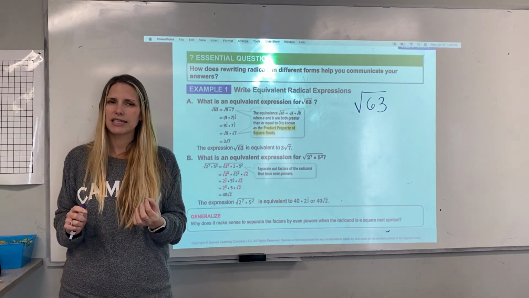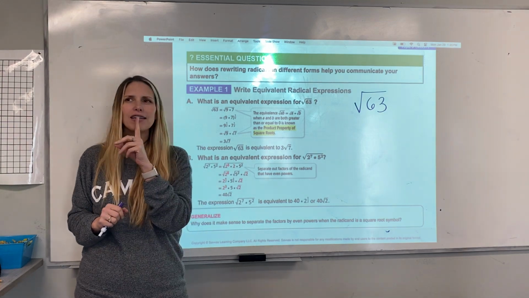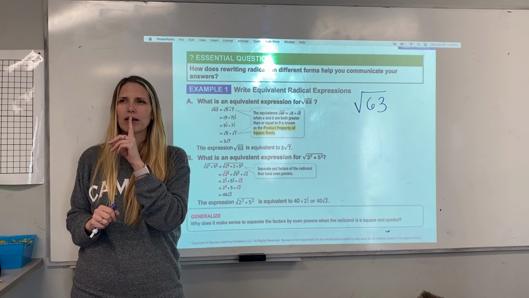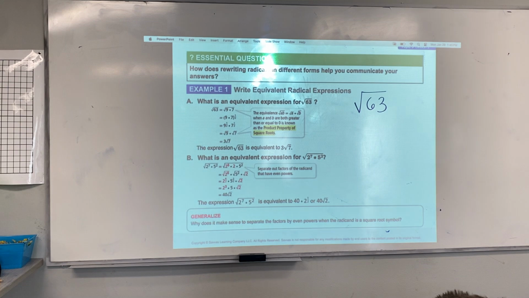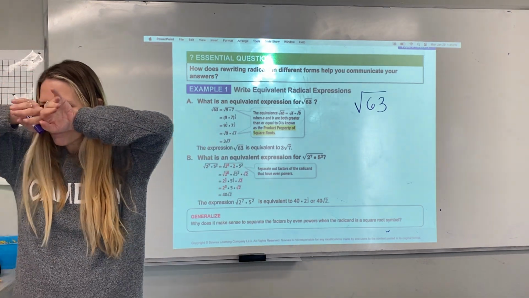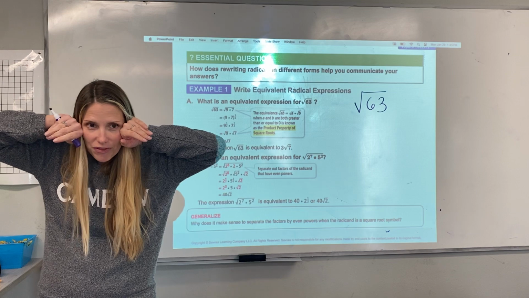I can't simplify it exactly by doing the square root, but I can pull out a square root, kind of like pulling a rabbit out of a hat. I can look inside of the 63 and see if there's anything inside of the 63 that is a perfect square.